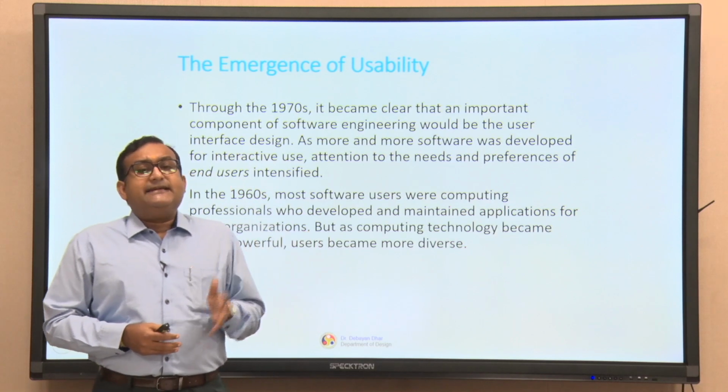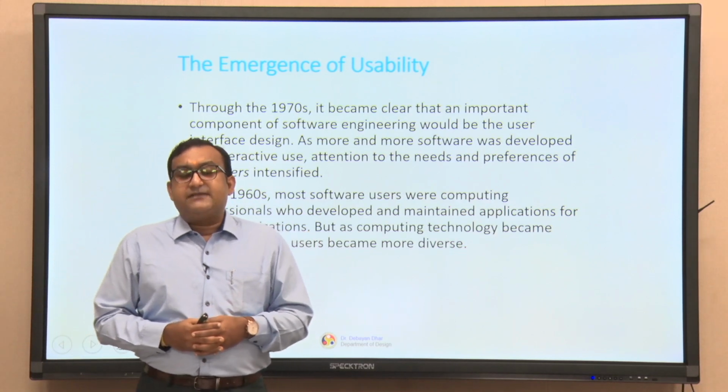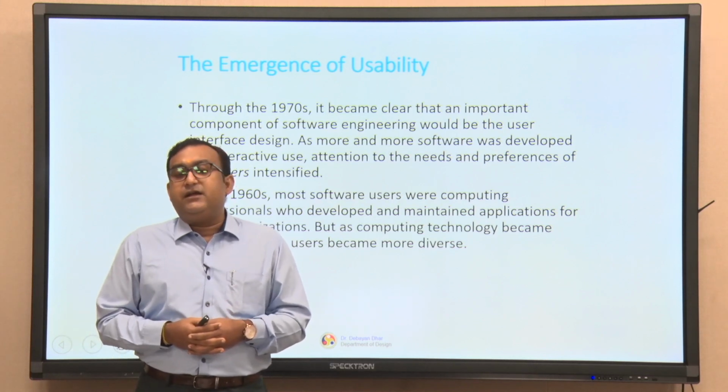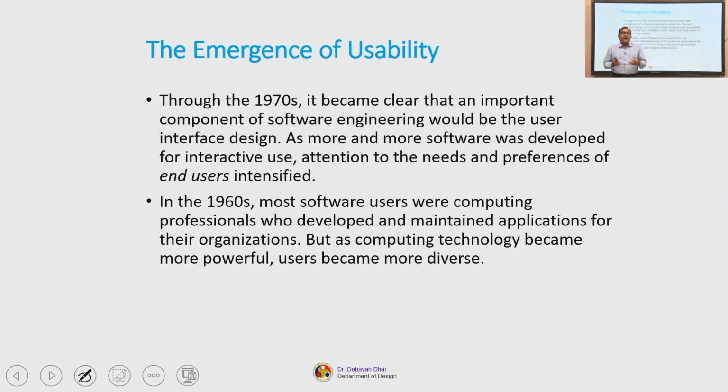Now, in 1970s, it became clear that an important component of software engineering would be the user interface design. And why so? Because developers understood that this is the medium through which our users are going to interact with the hardware and the software system.